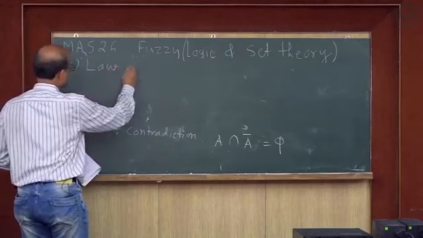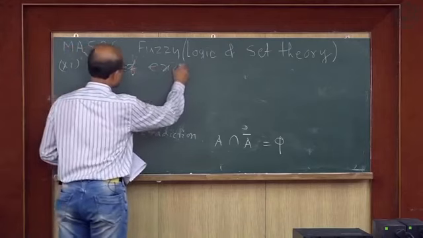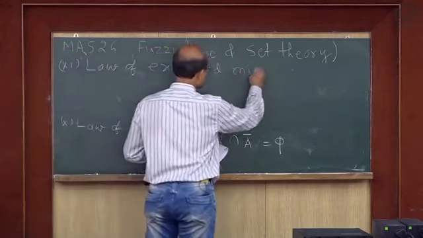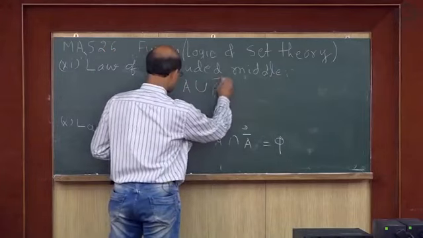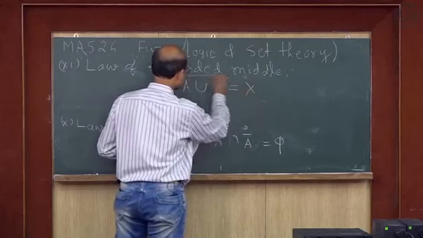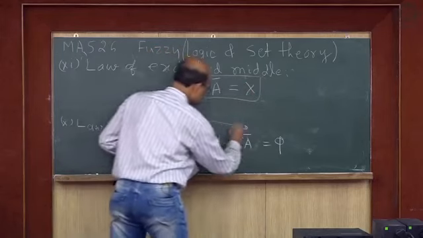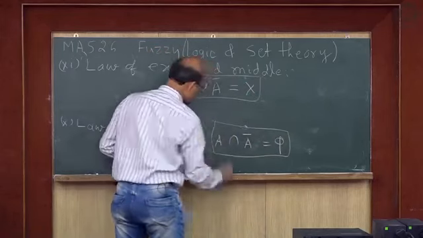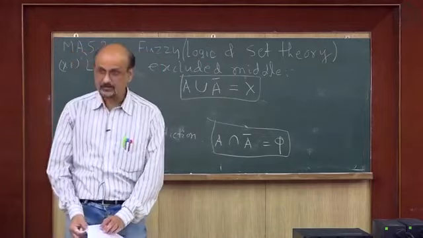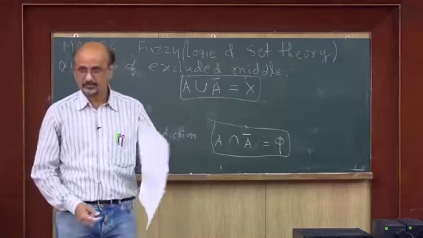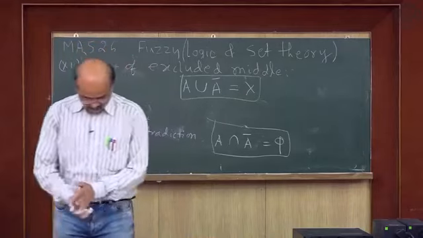Law of excluded middle. Here it is A union A complement is equal to X. So, these two are very important in fuzzy set theory. Law of excluded middle, A union A complement is X. Okay.